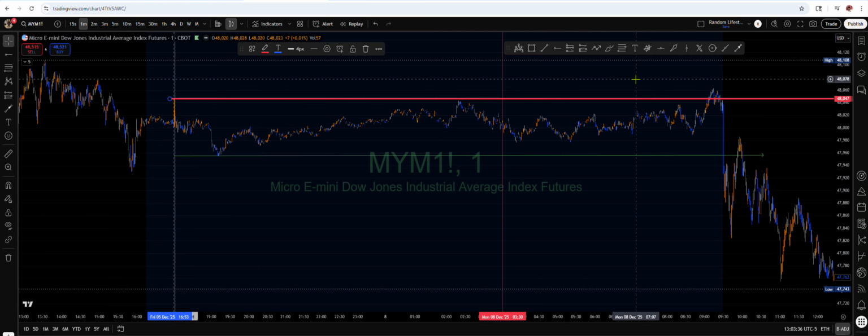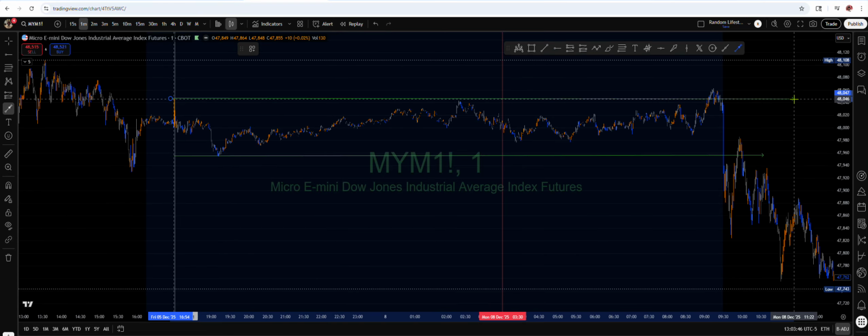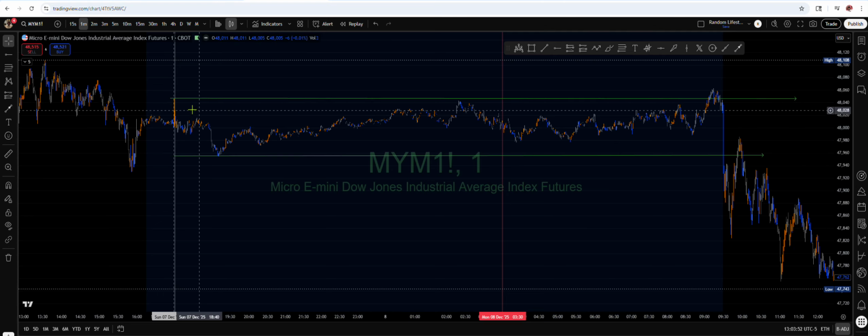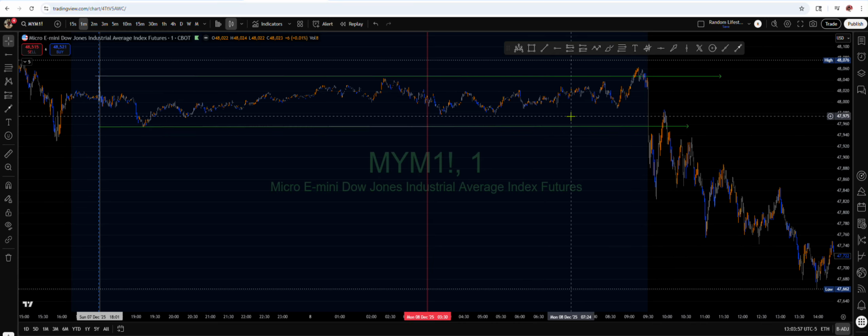So basically, we're just trying to see how the market moves once we open at 9:30. Okay, so that's Asian lower low and Asian higher high.